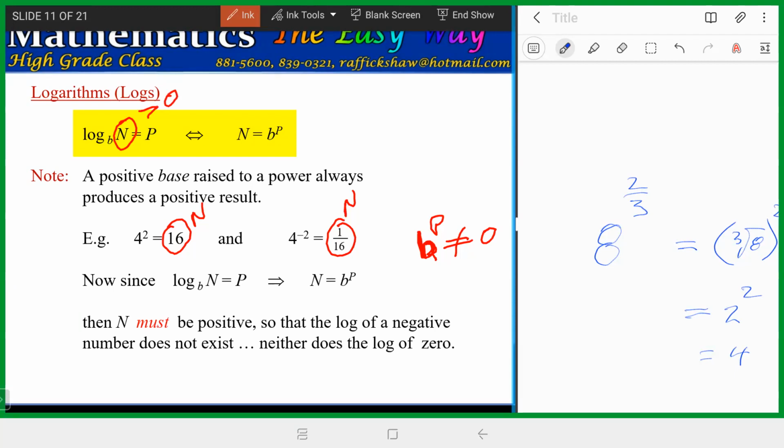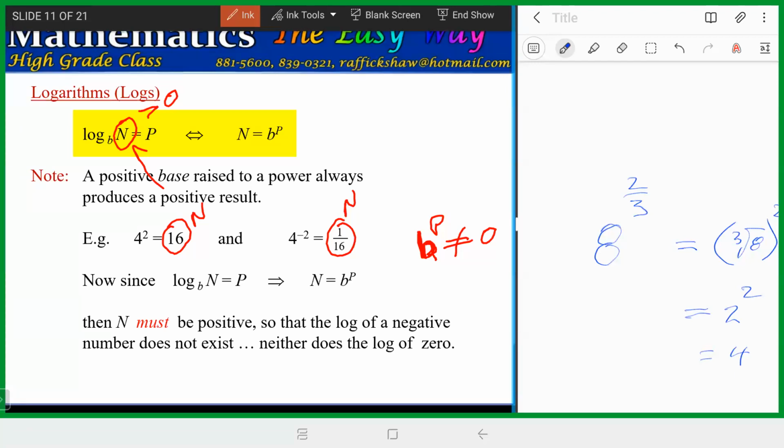You can't find the log of 0 and you can't find the log of a negative number either. If you're doing a question, and say you're solving for the n, and you get 0 as an answer, you can't accept it. If you get a negative as an answer, you can't accept it. I'm going to show you examples like this. Right?